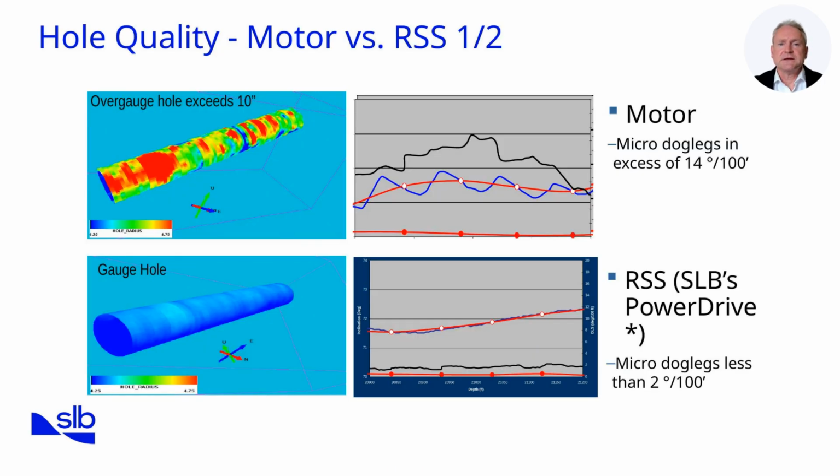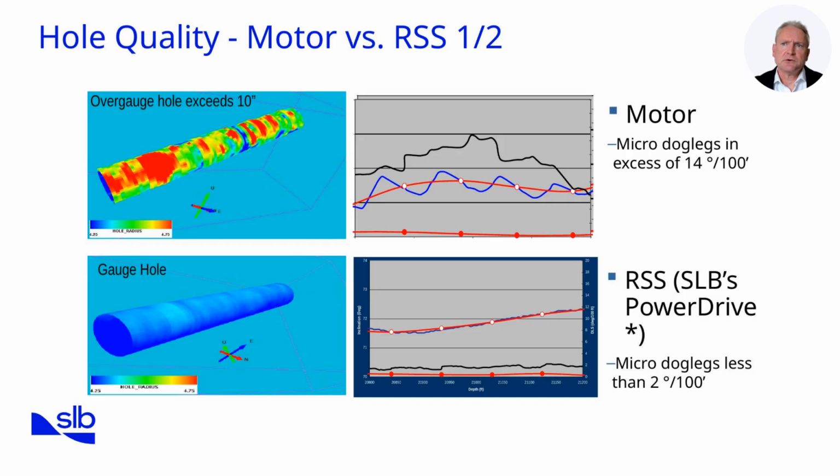This slide provides a side-by-side comparison of wellbore geometry. On the motor side, which is highlighted in the top 2 pictures, micro doglegs exceeding 14 degrees per 100 feet are visible, resulting in irregular and enlarged sections. Overgauge holes greater than 10 inches are common, leading to challenges in casing and cementing. On the RSS side below, represented by PowerDrive, the well profile shows micro doglegs of less than 2 degrees per 100 feet and nearly gauge holes.